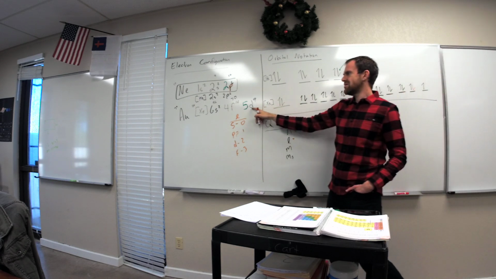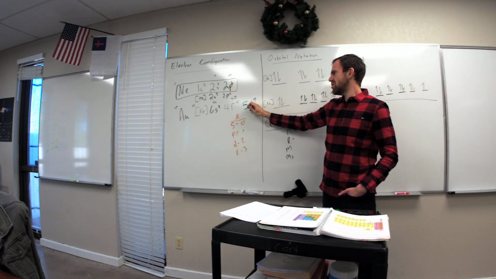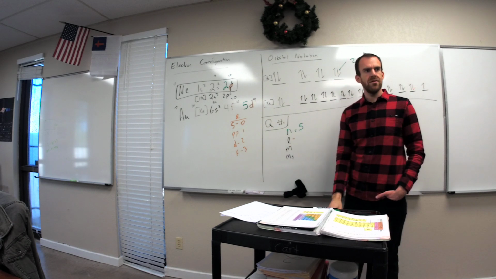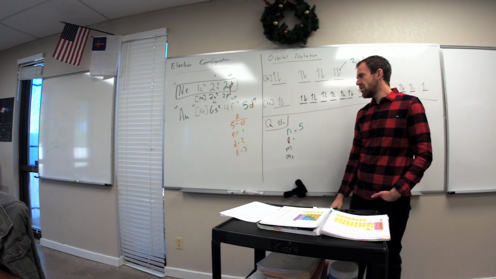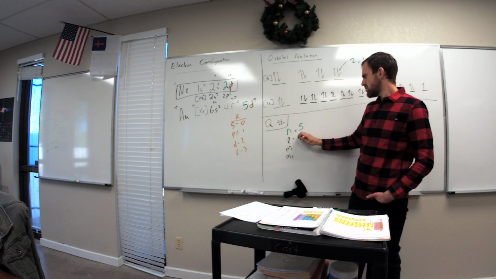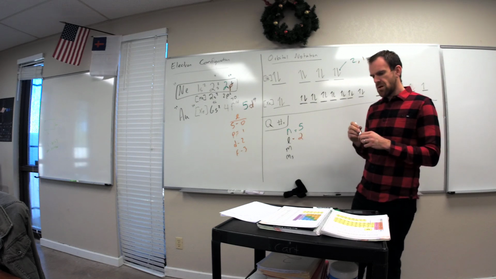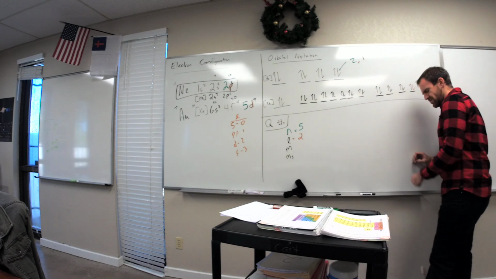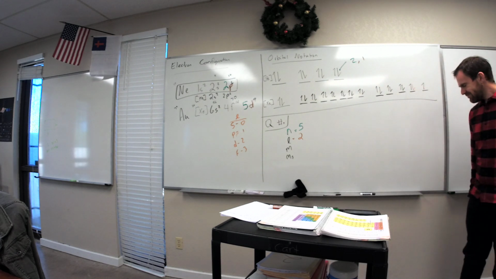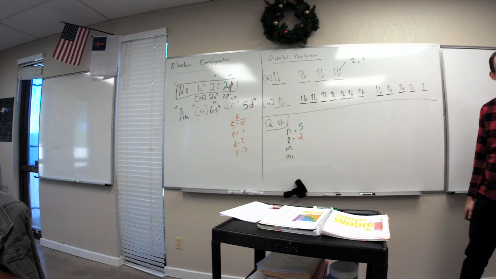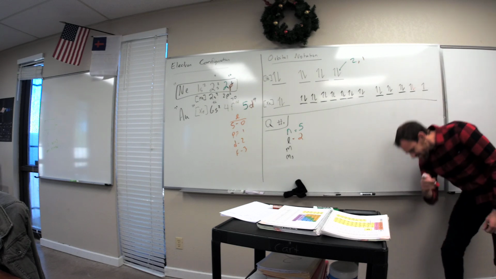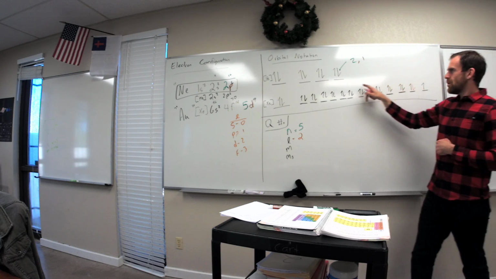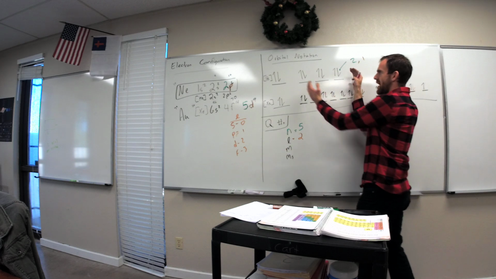This last electron was in a d orbital, so my quantum number is 3. No, I meant 2. Now these last two have to do with where it lives. Last two have to deal with where it lives within that orbital.